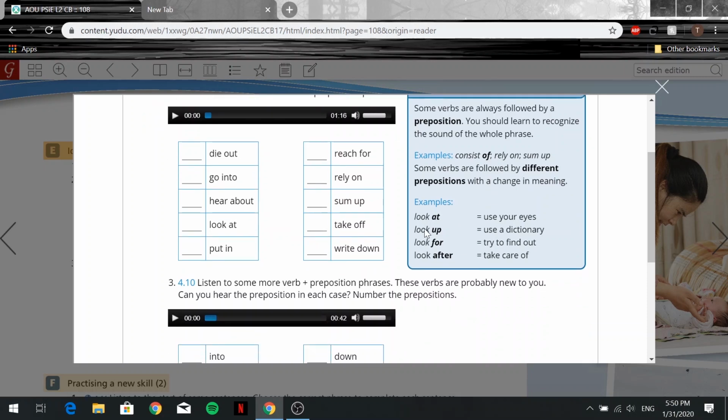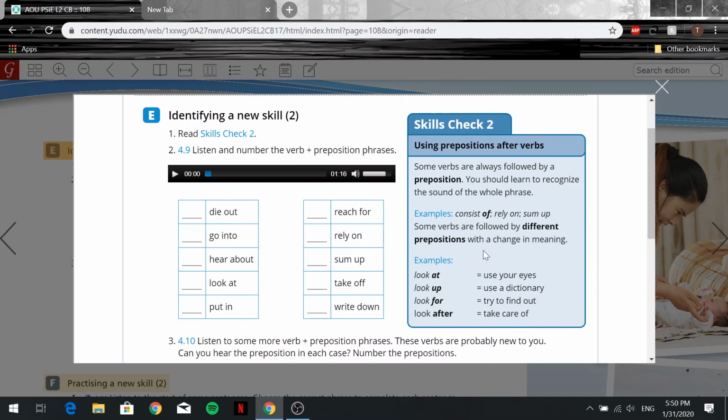So if I say look at, that means, right, use your eyes to look at something. Look up means find out what it means. Look for means try to find out, and look after means take care of. Okay, so you see how changing the preposition changes the meaning of the word. Okay, so we have two styles now.